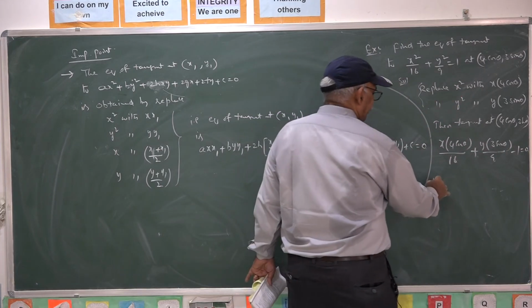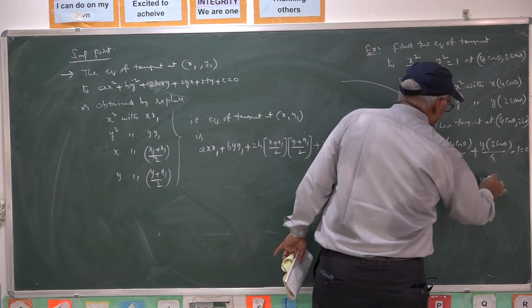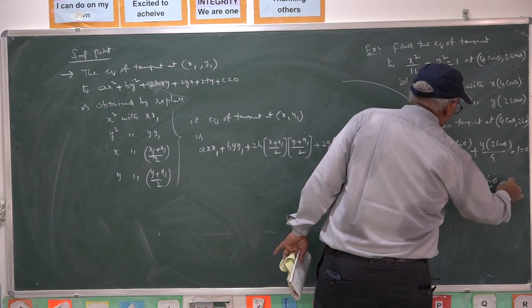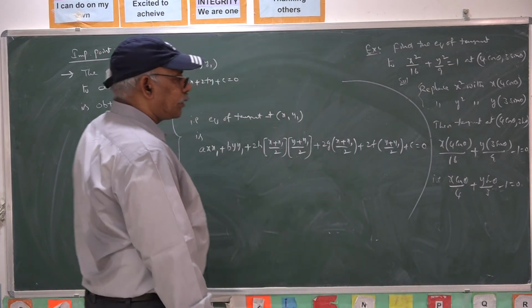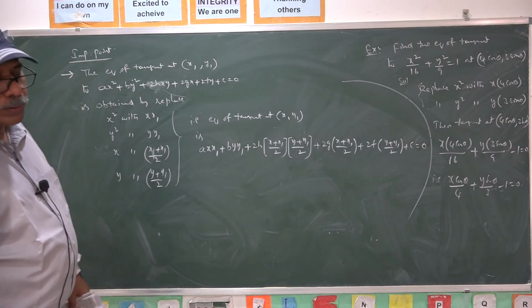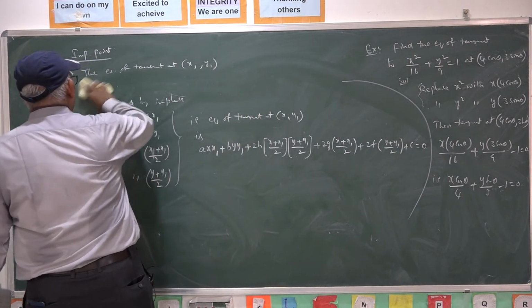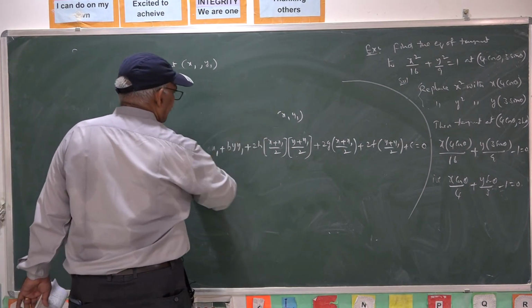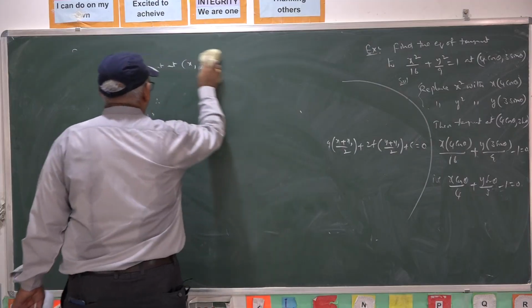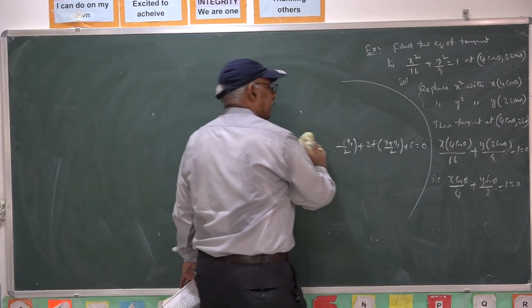You can simplify this: x cos theta by 4 plus y sin theta by 3 minus 1 equal to 0. This is the equation of the tangent at the given point. In such a way, you can find the equation of the tangent to any second degree curve.